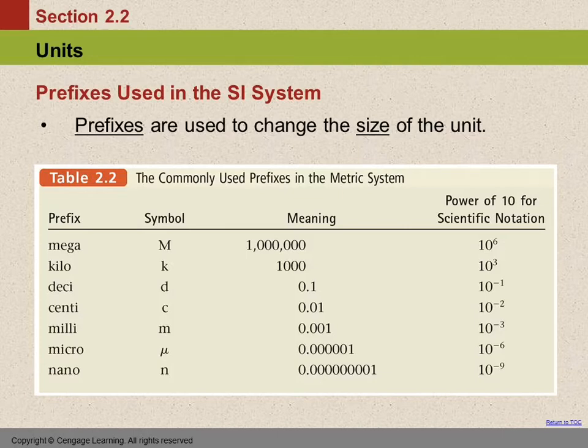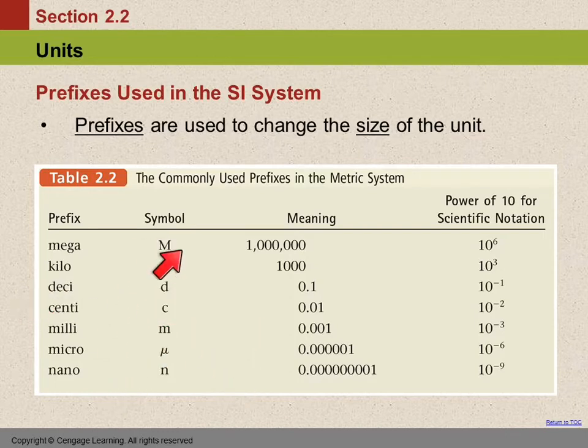You would measure the wavelength of light using nanometers. And there's even picometers, which are 10 to the minus 12 meters. And there are things larger than mega, too. So this is just the more common ones. Deci is a great unit, but we don't use it very much in chemistry.